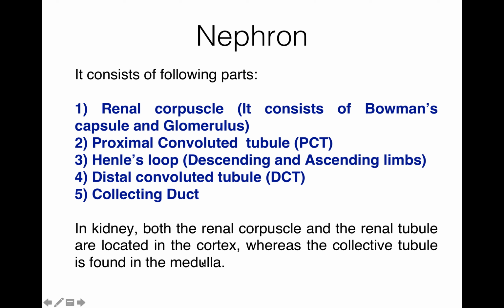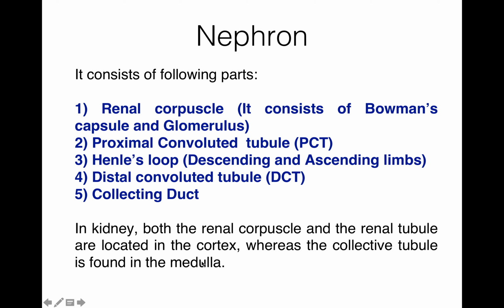So, first is renal or Malpighian corpuscle. It consists of Bowman's capsule and glomerulus. Then second is proximal convoluted tubule, that is PCT. Then third is Henle's loop, which has two limbs, descending and ascending limbs.